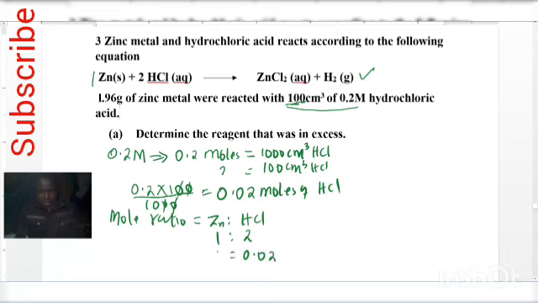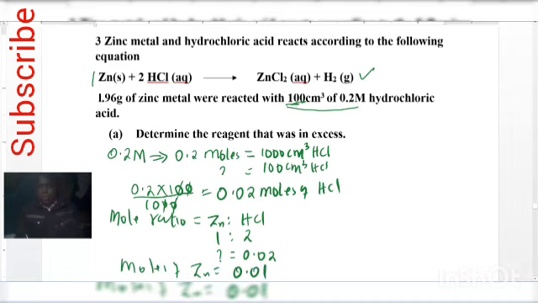So what will be the number of moles of zinc? That one is simple now. You just multiply 0.02 times 1 divided by 2. So moles of zinc is equal to 0.01. So this gives us the number of moles of zinc that reacted with 100 centimeters cube of HCl.